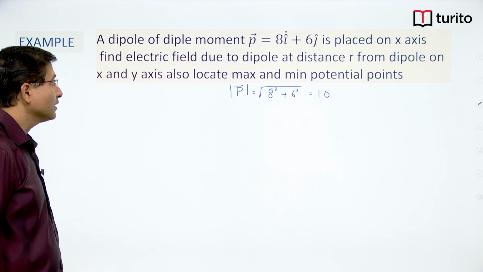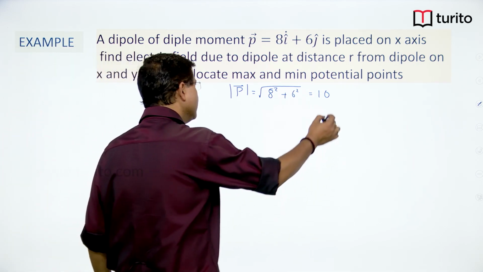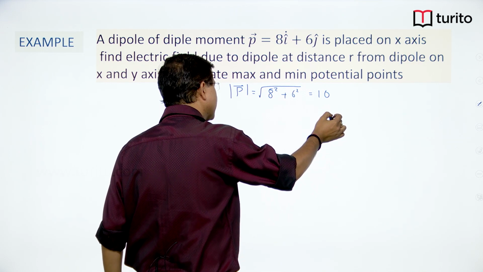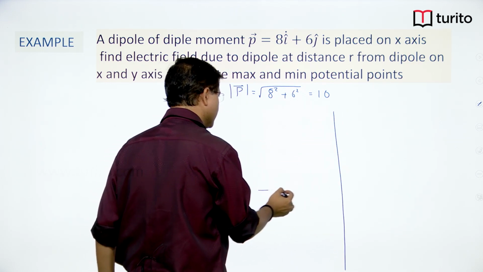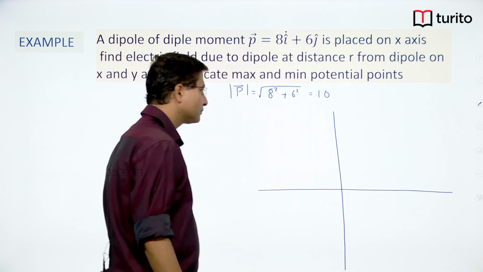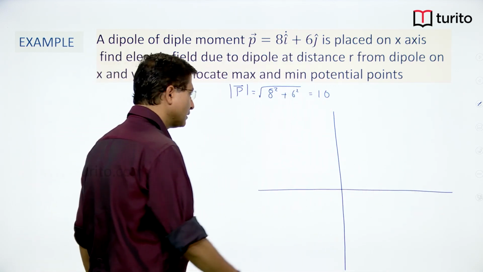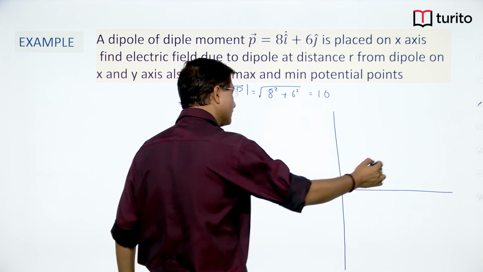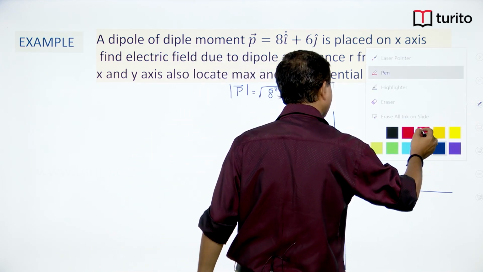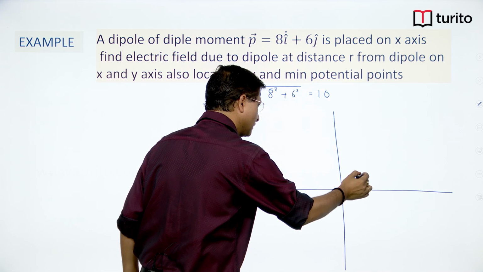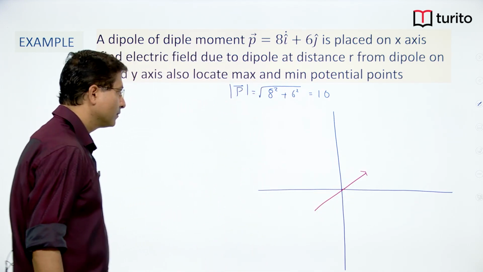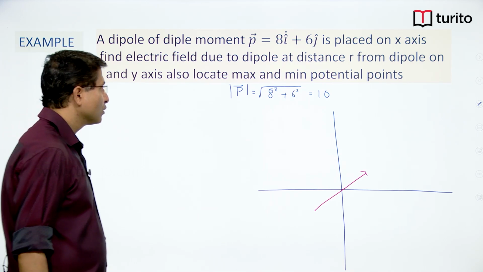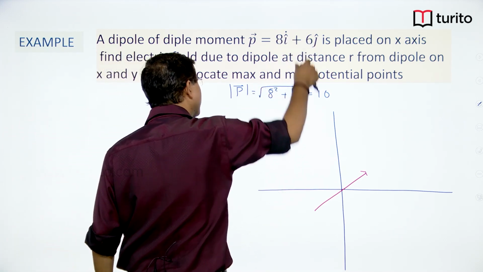And in space it will be something like this. This 10 will be this way. So the x component is 8, the y component is 6.